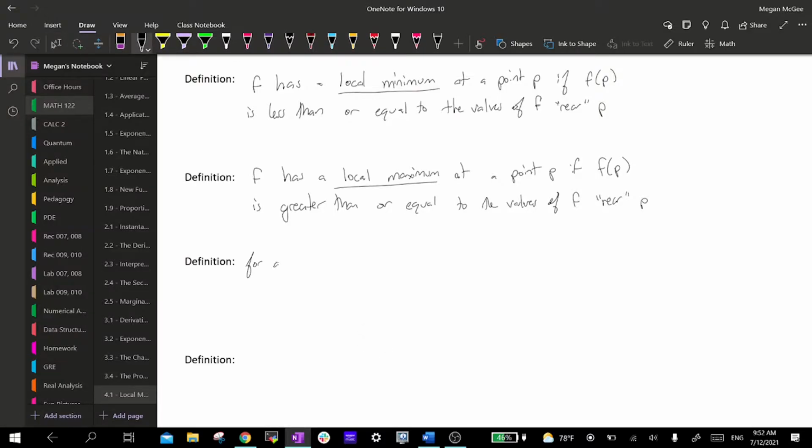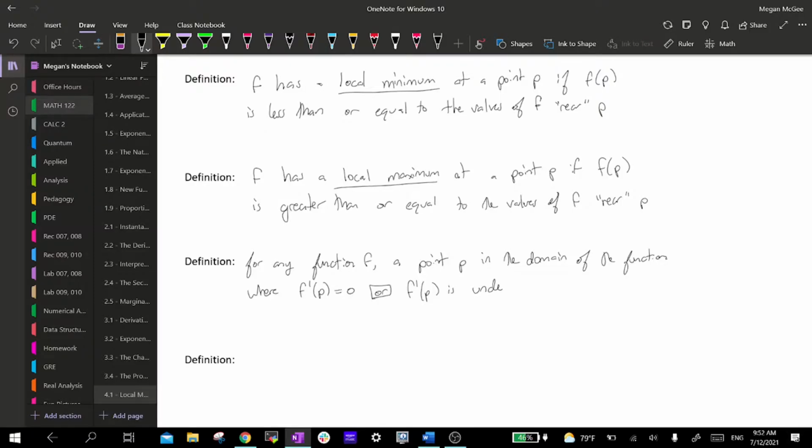And so we have a special name for these points. For any function f, a point P in the domain of the function, where the derivative evaluated at that point is equal to 0, or the derivative at that point is undefined.